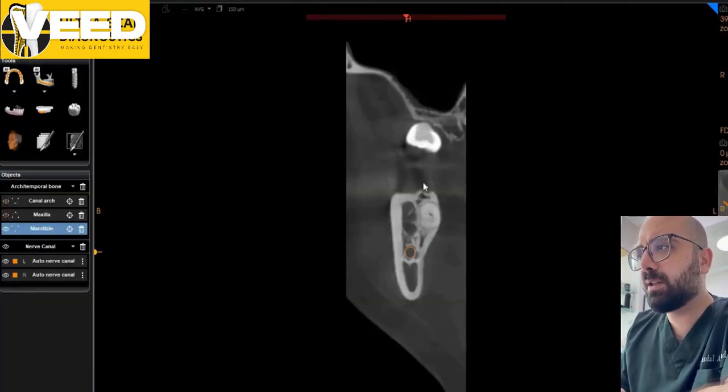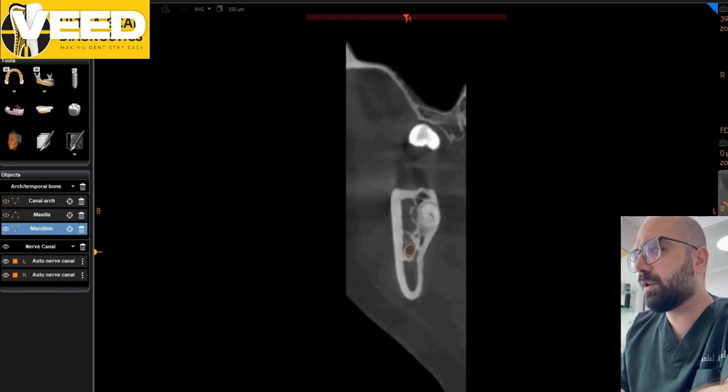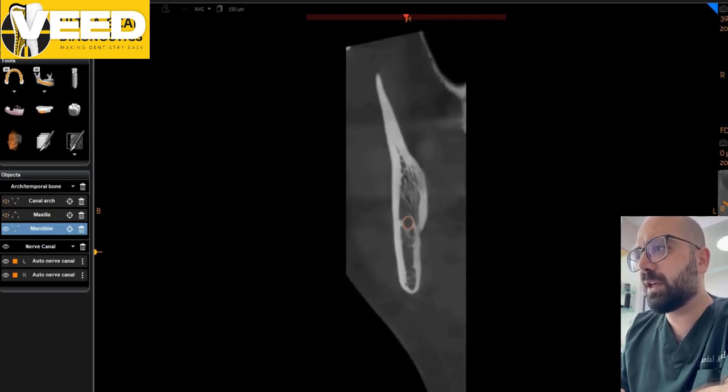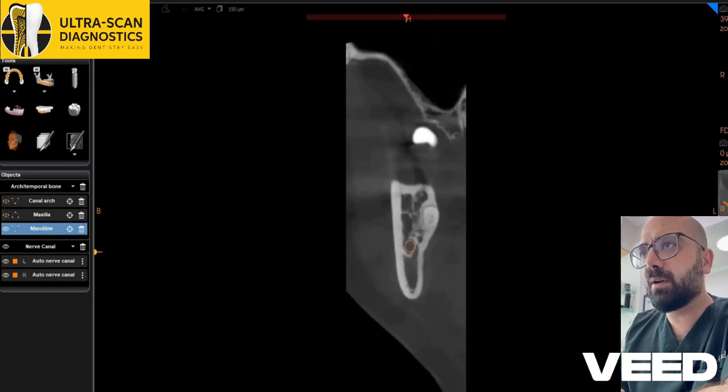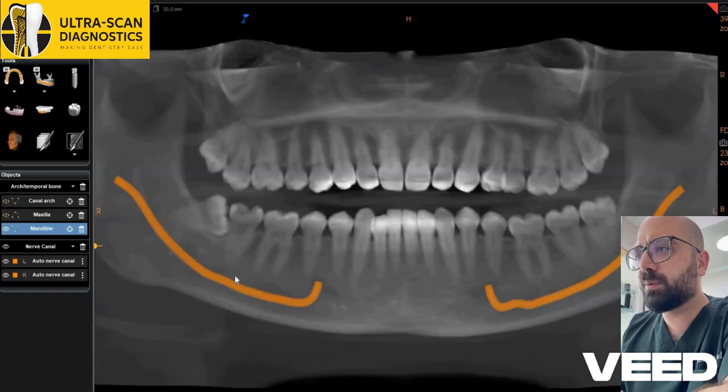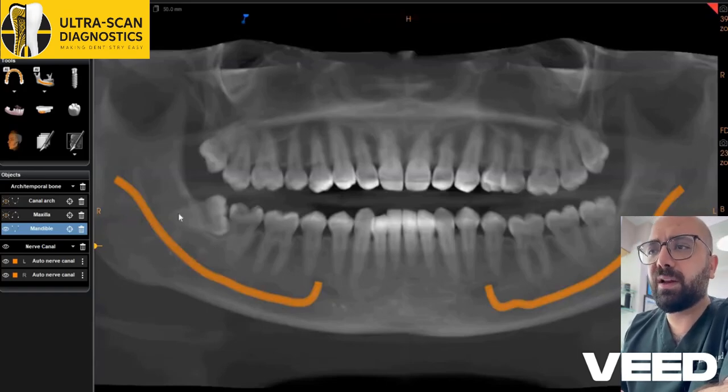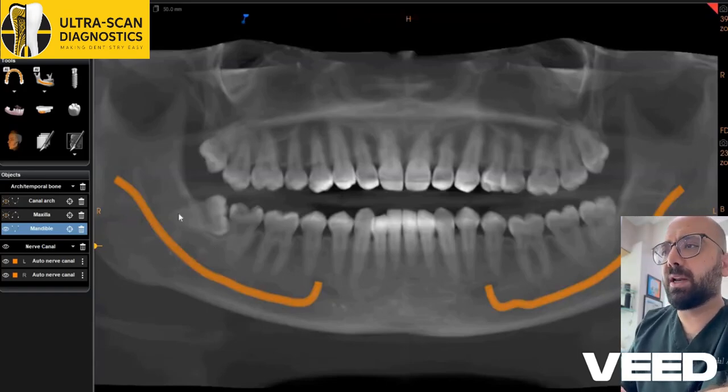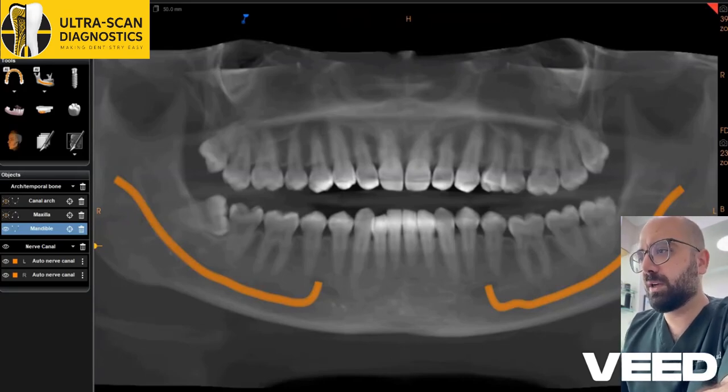Let's see what the CBCT shows us. On the three-dimensional X-ray, we can see that the minimum distance between the two is actually 3 to 4 millimeters. That's the difference between 2D and 3D: we feel like it's close proximity, but the 3D actually tells us how close it really is.